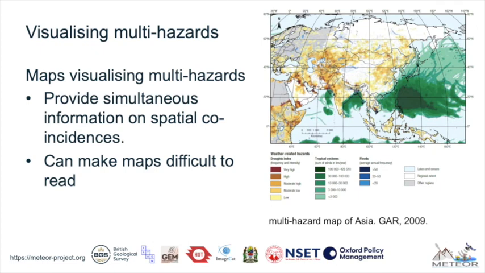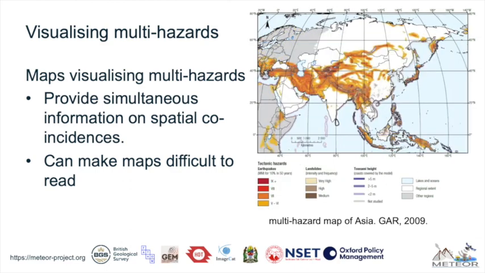This example from the 2009 Global Assessment Report, or GAR, divides hazards into weather-related and tectonic hazards. This is just one of many approaches that have been taken by different authors. If you are interested in a summary of these methods, then the review paper by Capps et al. provides a great overview and also touches on digital GIS-based maps that have the potential to be flexible visualizations.